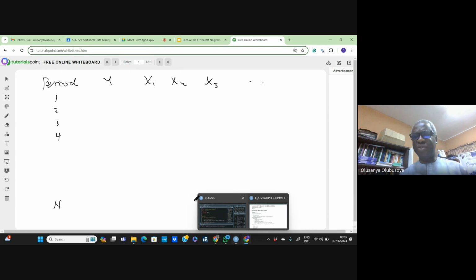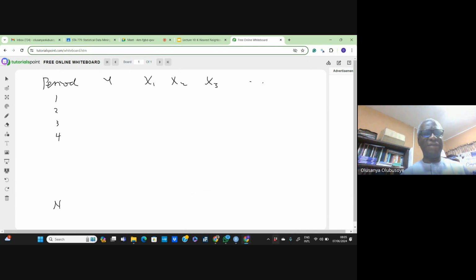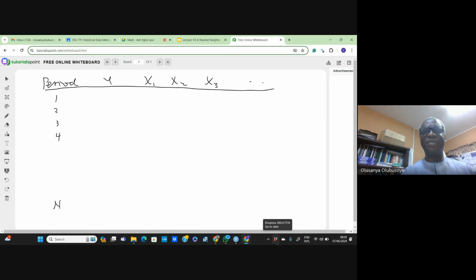That's the period you have data for. In machine learning, you already know the idea of splitting data, so we split the data.